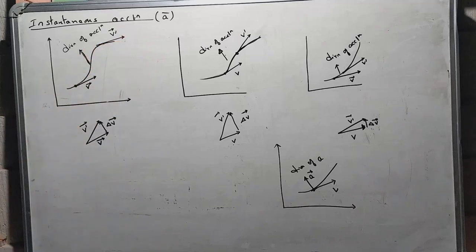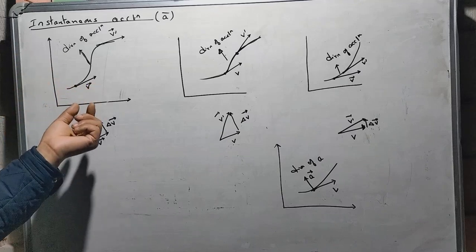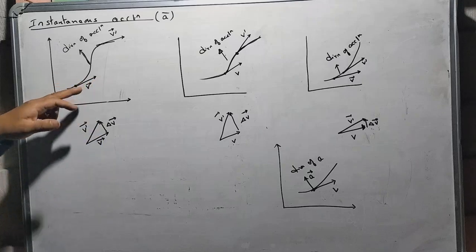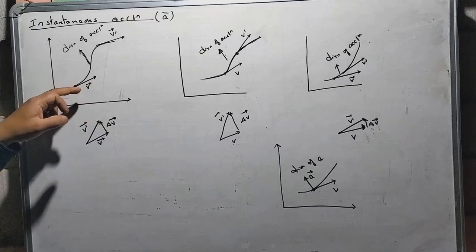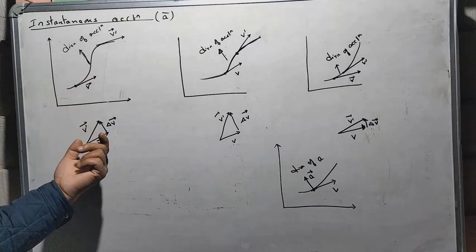Alright, so to get the direction of the change in velocity, we use the triangle law of vector addition. So what do we do here? We just draw the same vector as this vector V, parallel in magnitude and same in direction.